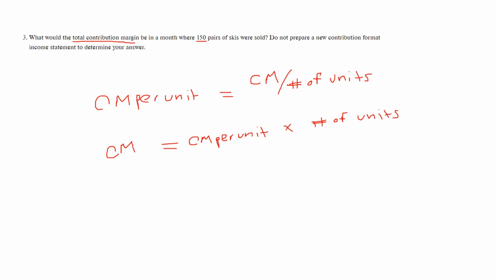If we fill in our information, and if you remember from our last slide, our contribution margin per unit was $430 per unit, and we want to find it for 150 skis sold. So our contribution margin for these skis is going to be 430 times our 150 skis, so it's going to be 64,500. This is how much our total contribution margin will be before fixed expenses if we sold 150 skis instead of 200.